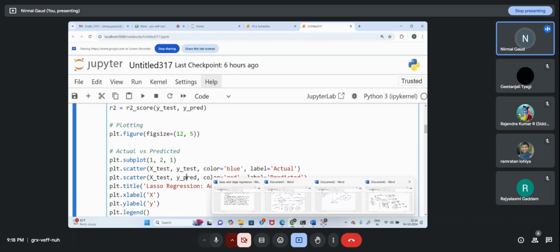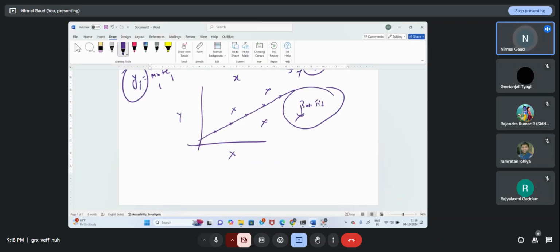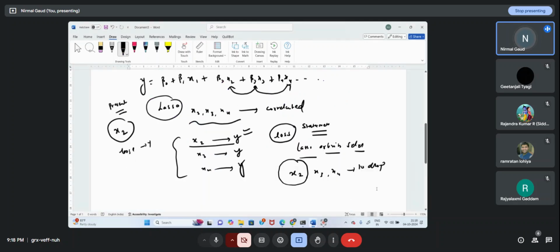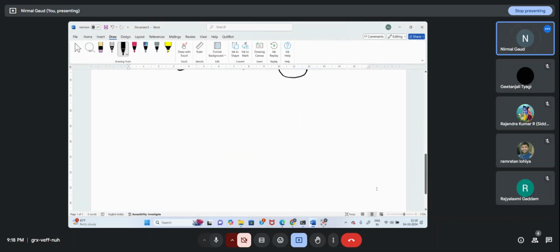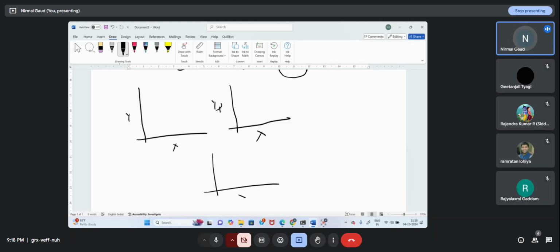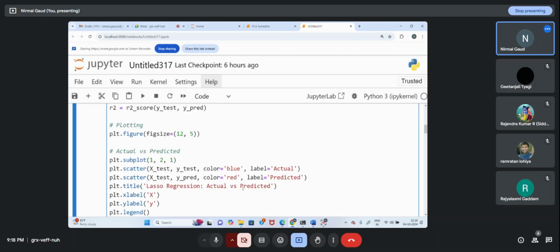I also told previously that if you make a plot, remember, I have shown them separately, X and Y, and X and YP. Now you can combine them in both. By performing this, I'm getting such kind of points.